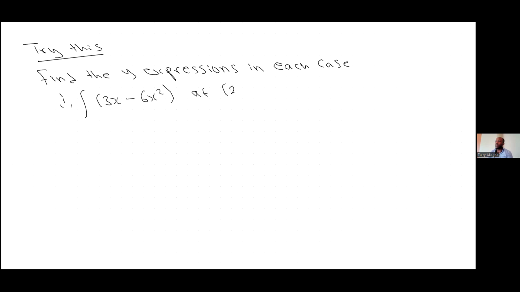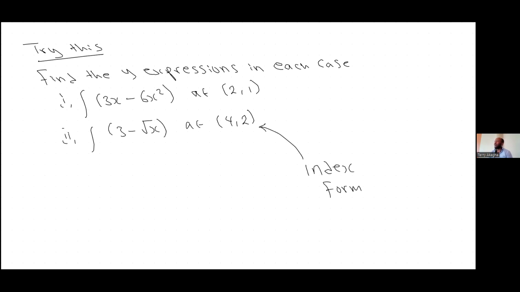And also I want you to integrate 3 minus square root of x at 4 and 2, okay? Before you integrate this, remember you have to convert it to index form. So don't forget that before you start. Make sure you've converted it to index form.